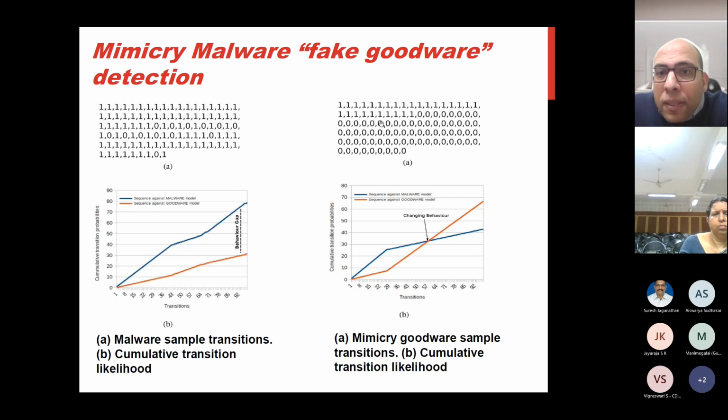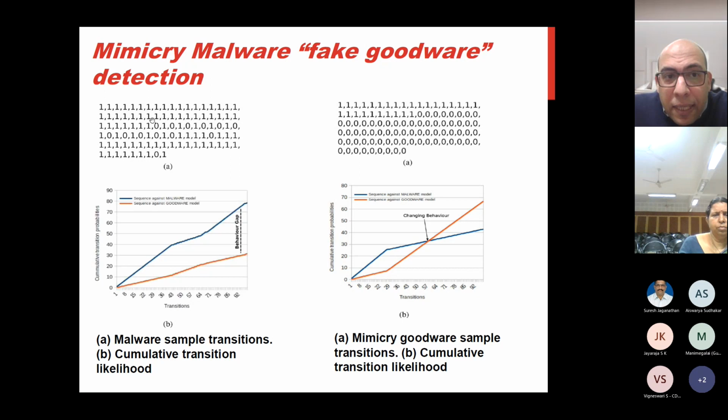Part of it is malicious, but the accumulated probability for this sequence will tend to be goodware. So it's not a malicious one compared to the one on the left. Here the majority of transitions is 1, with some minor zeros, but it doesn't affect the whole accumulated probability. But here it affects that probability.